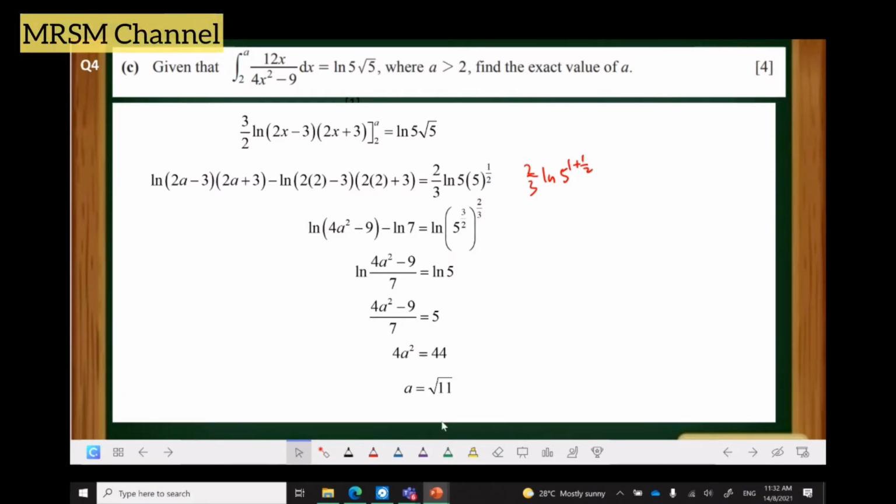Okay, so a should be positive root 11. Okay, tak payah tunjuk, tak apa dapat plus minus because it's already stated in the question a must be greater than 2. Okay.